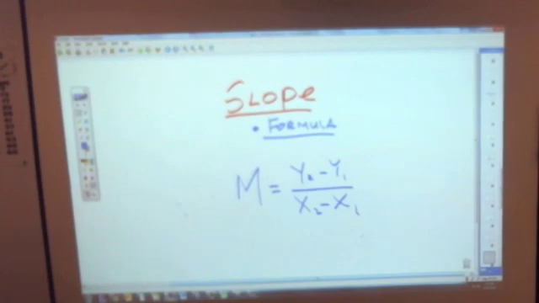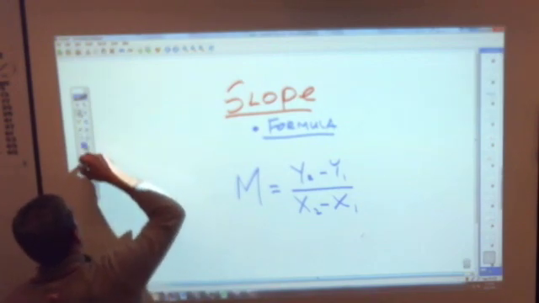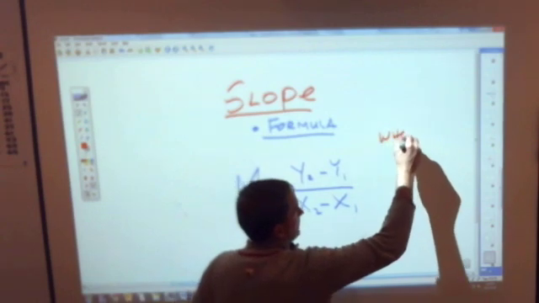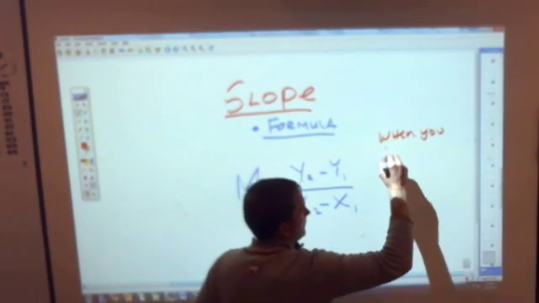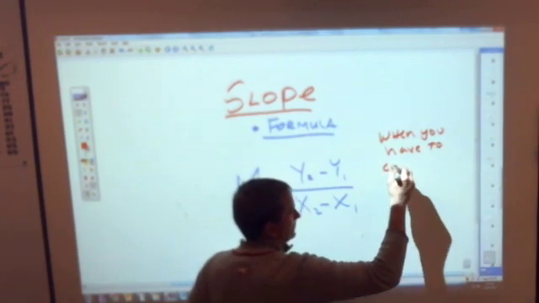Does it look complicated to you? No, it isn't. This, ladies and gentlemen, is what you use when you have two coordinates.